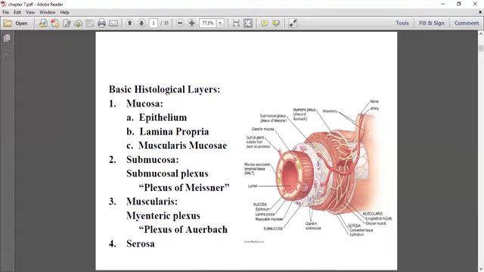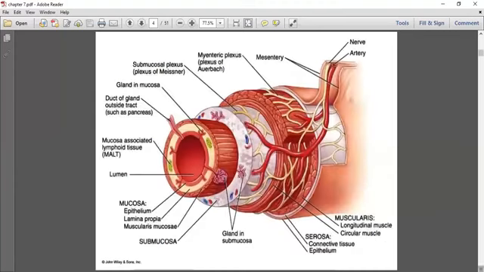This figure illustrates the basic tissue layers. The inner layer, mucosa, is composed of 3 tissue layers: epithelium, lamina propria or corium, and muscularis mucosa.